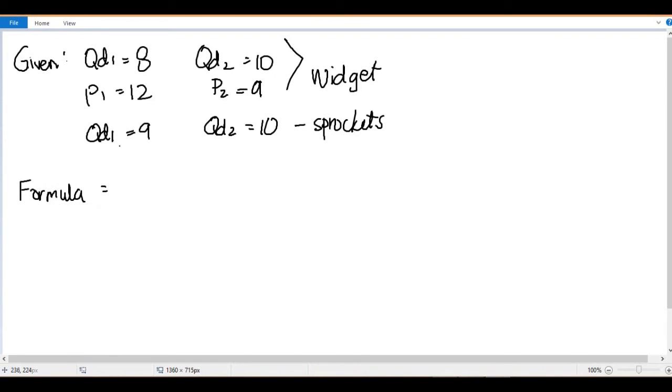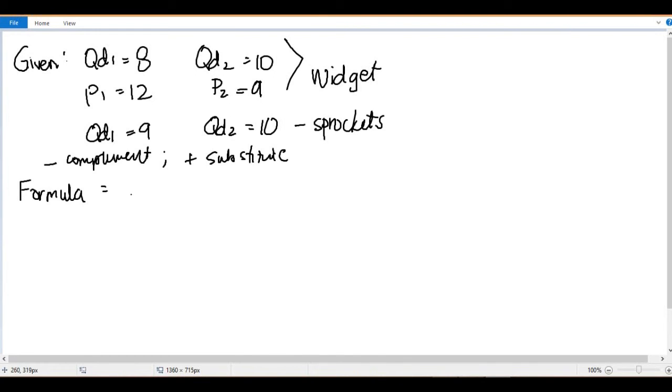Anong makukuha natin doon? We are going to assess if the widgets and the sprockets are actually substitutes or complements of each other. Pag negative, complement. Pag positive, we have substitute. So, yun yung aabangan natin.